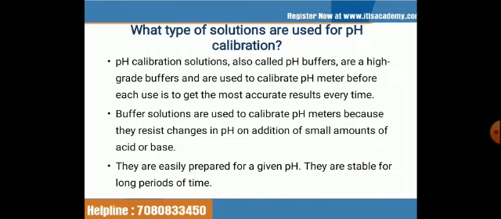Then you add some basic solution into that, so that the pH comes to nearby 5. That is why buffer solutions are used to calibrate. They are easily prepared for a given pH, and they are stable for a long period of time.